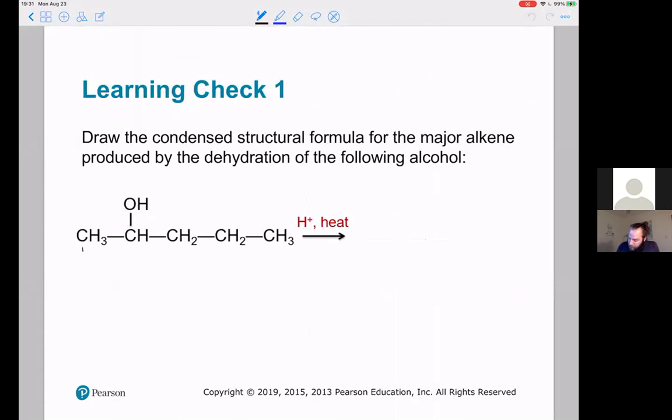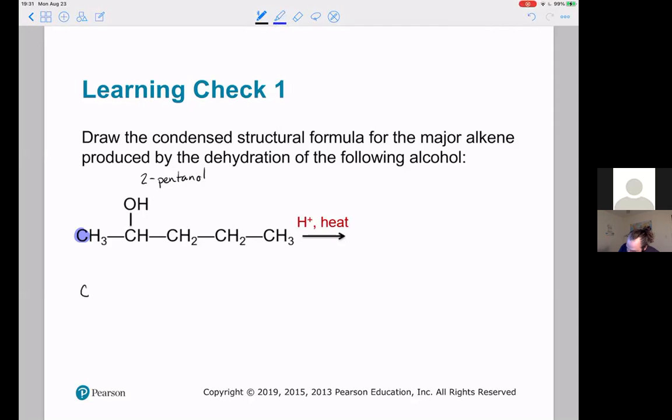Here we have, let's see, 1, 2, 3, 4, 5. So what would this one be called? We have 2-pentanol. Notice that if we were doing the dehydration, potentially we would have two different dehydration products. One where the double bond is formed with this end carbon here.